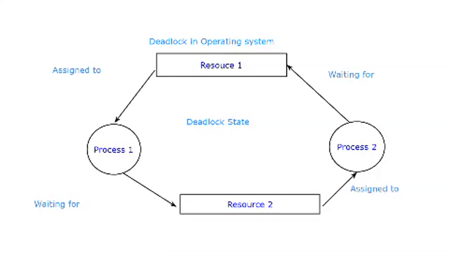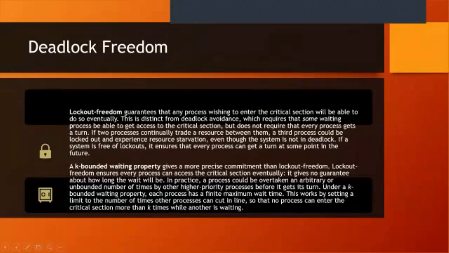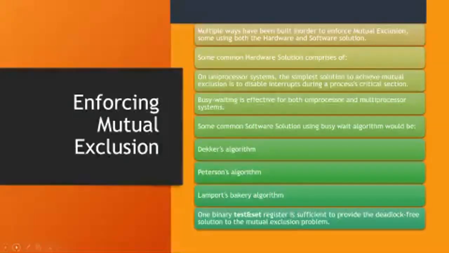Now, these are some techniques of deadlock freedom. How to enforce mutual exclusion? Multiple ways have been built in order to ensure mutual exclusion, some using hardware and some using software solutions. A common hardware solution comprises a uniprocessor system.